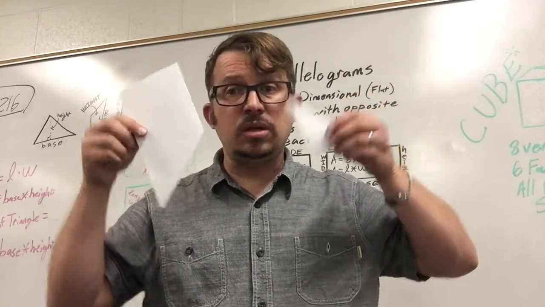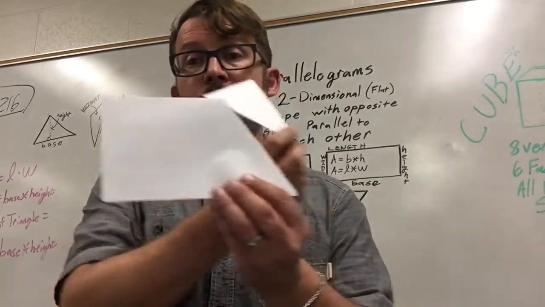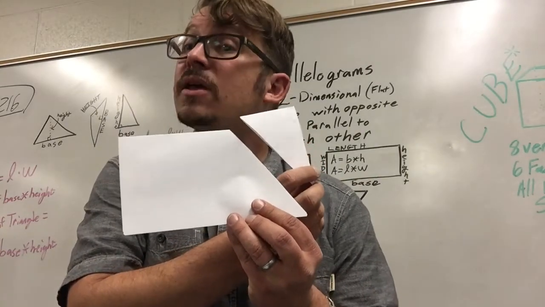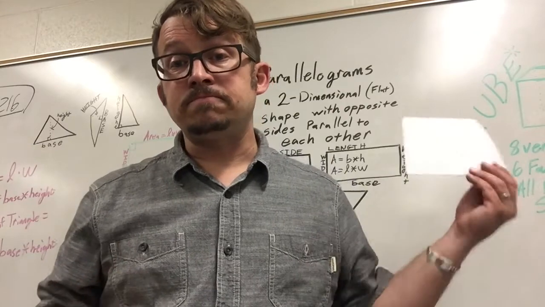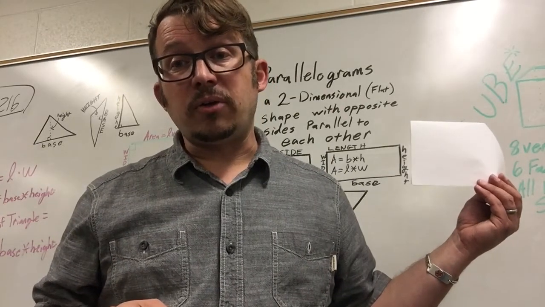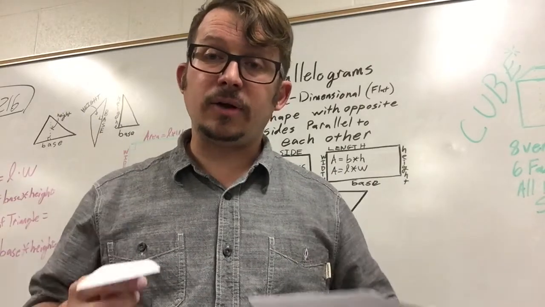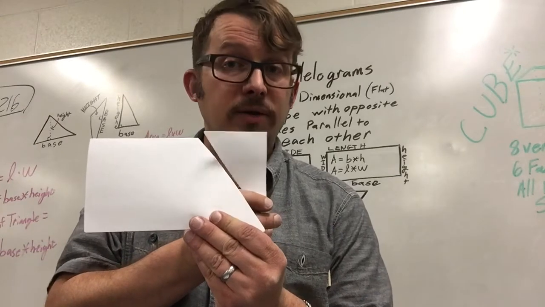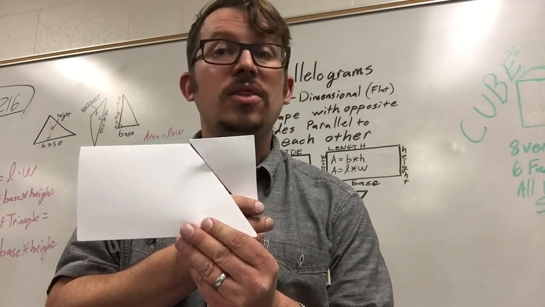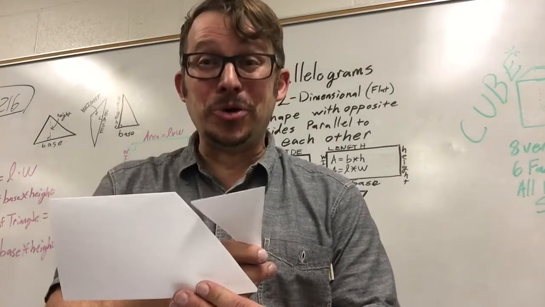Any way you want to do it. The parallelogram and its friend, the rectangle it makes, they can be combined using the area, base times height, and find the area of either the parallelogram or the rectangle because they are the same shape. How cool is that?